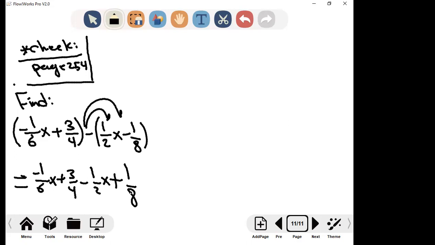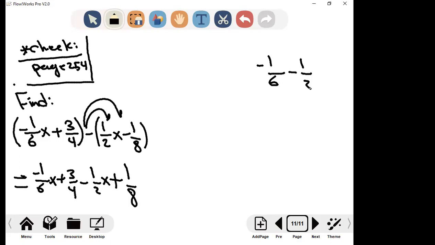There is no 1 over 4 here. OK. So I will take negative 1 over 6 and negative 1 over 2 by the side. Negative 1 over 6 and negative 1 over 2, right?